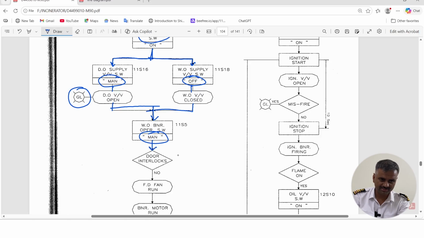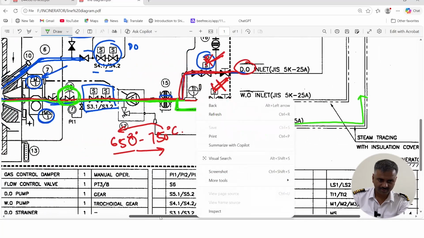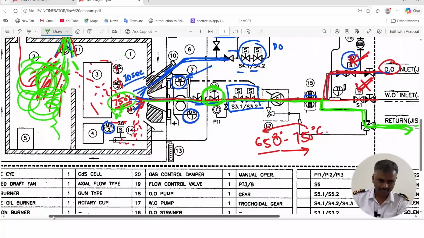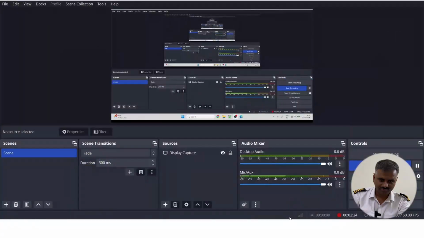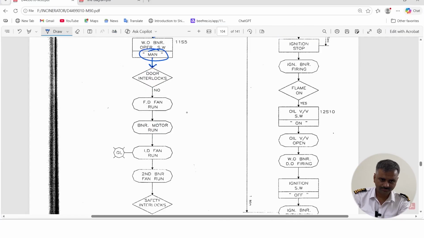The door interlocks mean the ash door over here, MS2, and the two interlocks of the doors over here in the charging door, the solid waste charging door. It will make sure these door interlocks are not there.